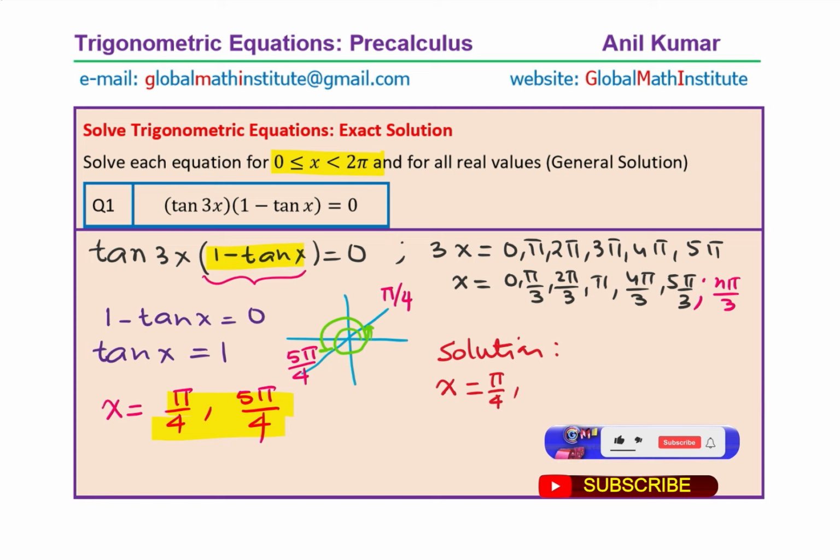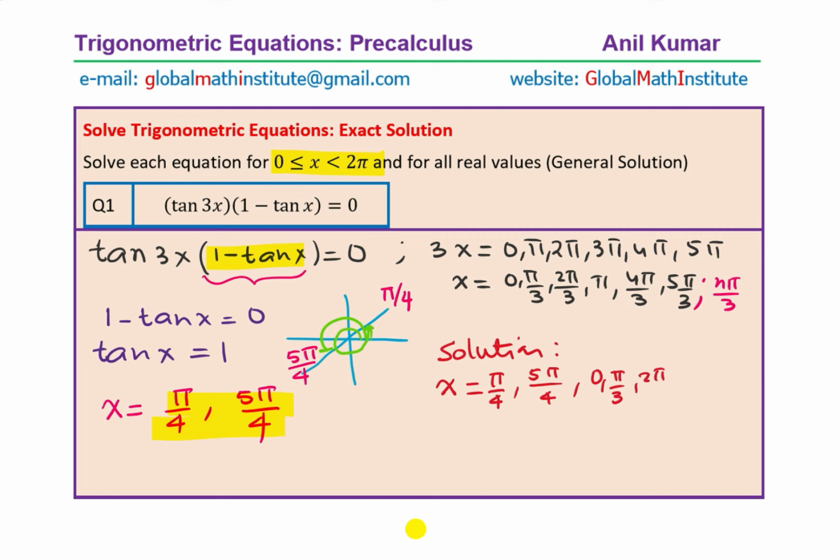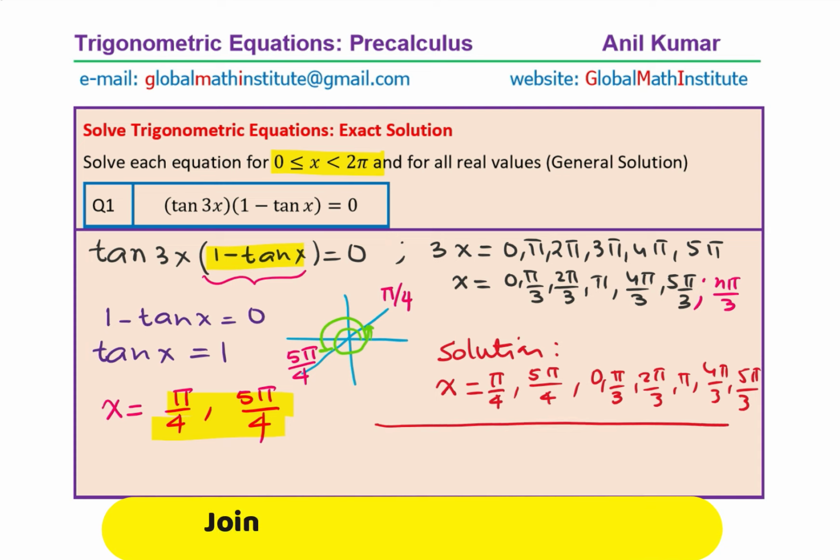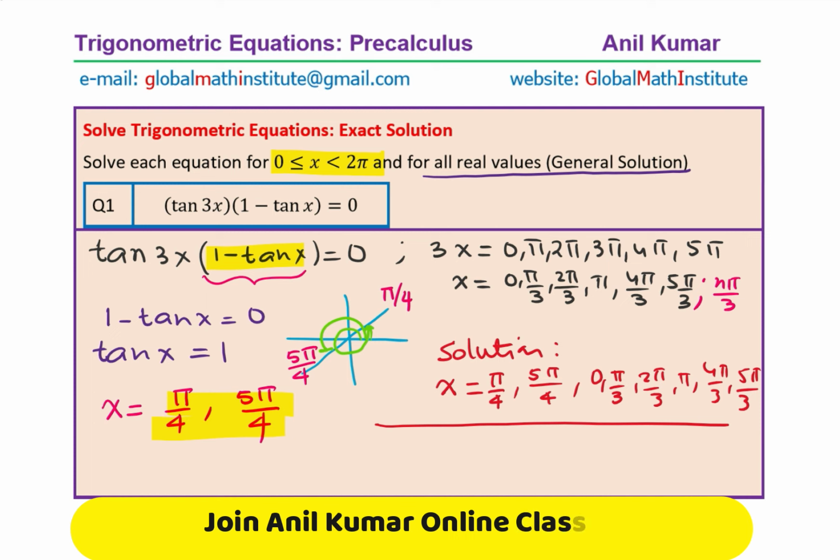Now it is time to think about how do we write this general solution. So I hope you got it. The general solution because of tan 3x equals 0 should be what?